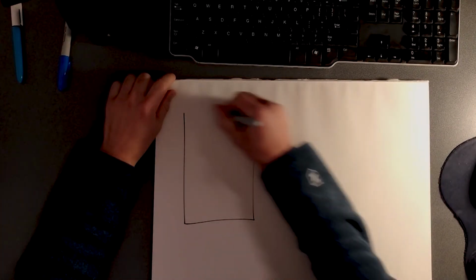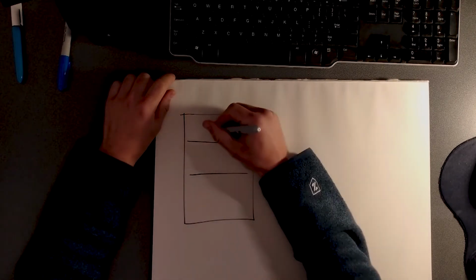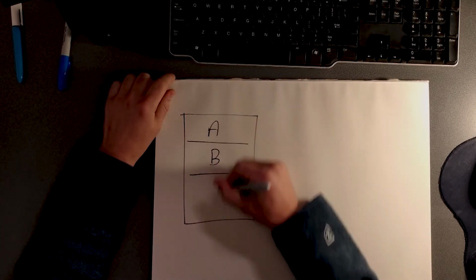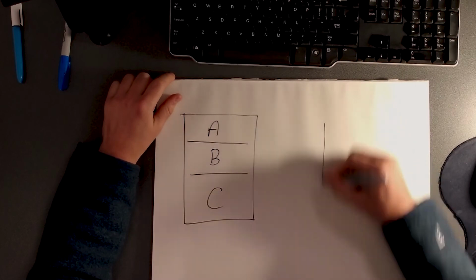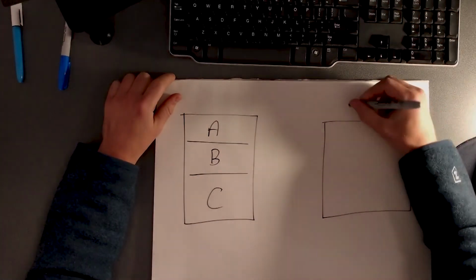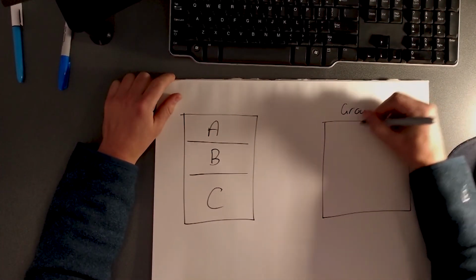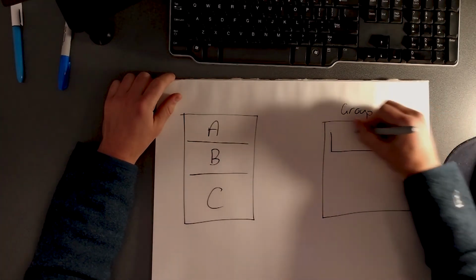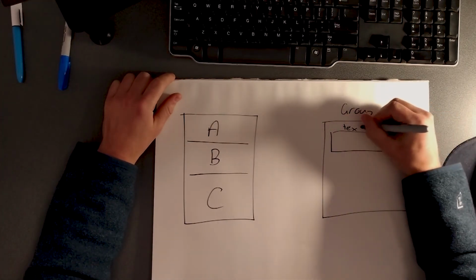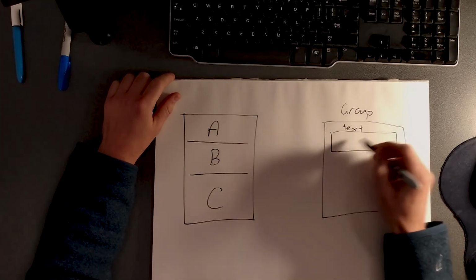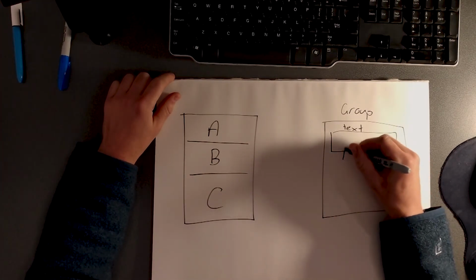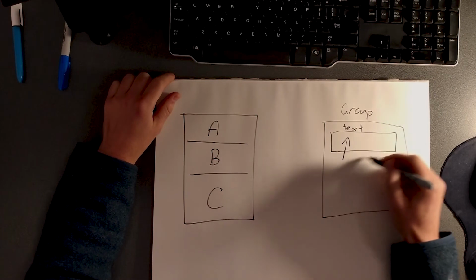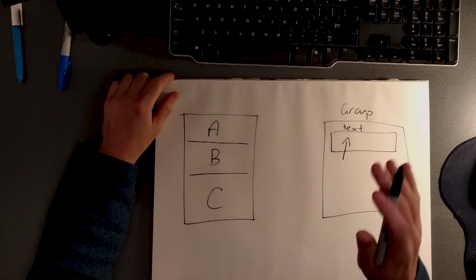Because once we get data into this group, I'll quickly sketch that so it makes sense. Here's our repeating group, right, with entry A, B, C. Over here, we've got just like a normal group, okay, with like a text input over here. Now, that text input can take the value of the group as its own value, okay?